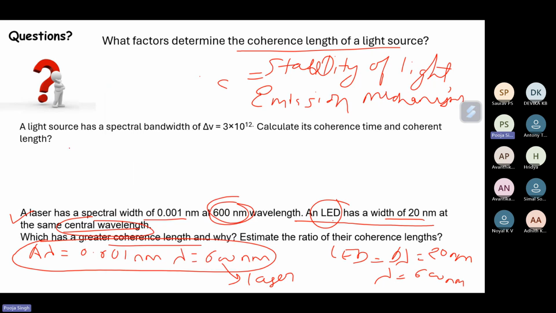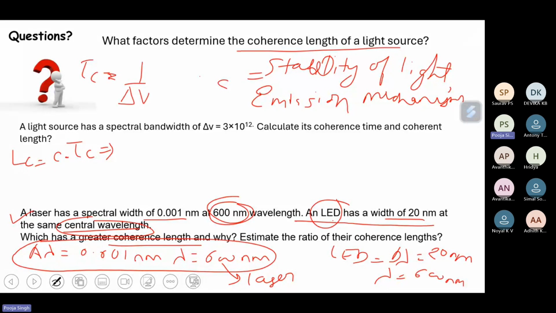So we know that coherence length is equal to C into tau C, right? And tau C is equal to 1 upon delta nu. If we are replacing tau C by 1 upon delta nu, that means C into 1 upon delta nu. We have to convert it into the wavelength. So nu is equal to C by lambda.